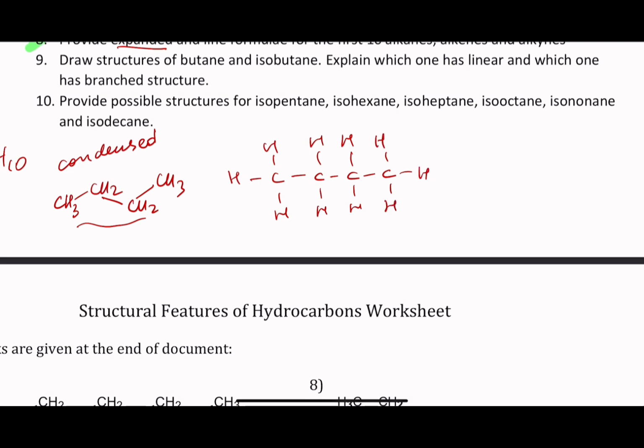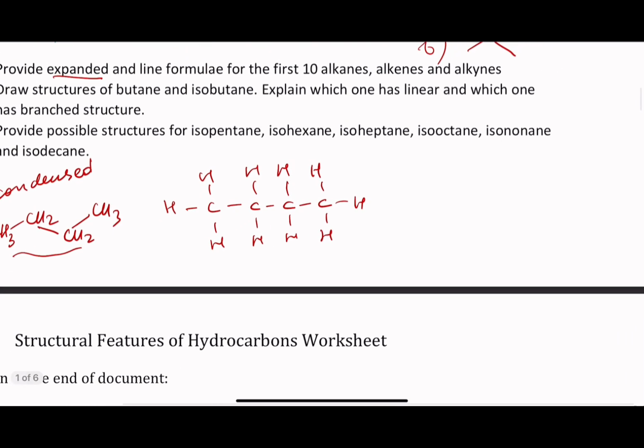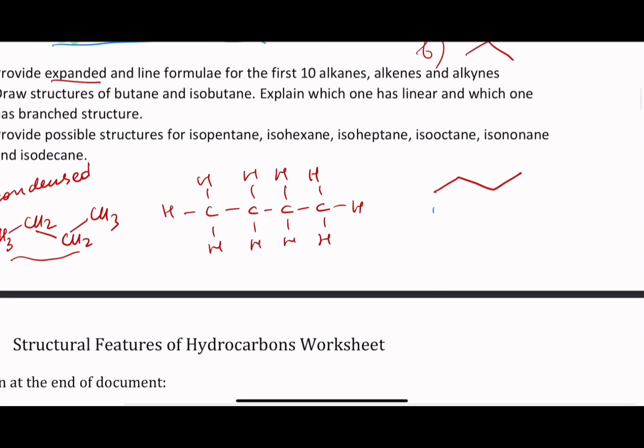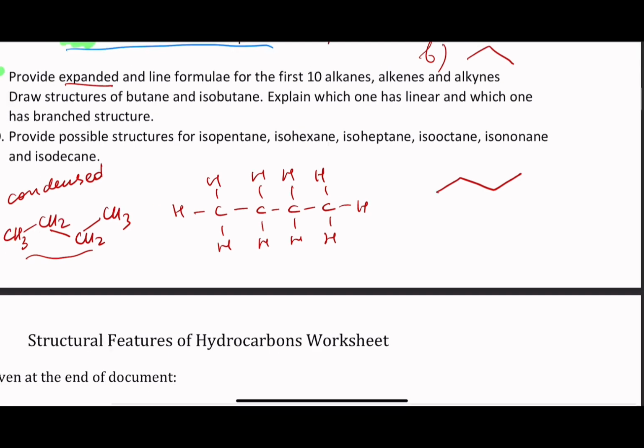You see, each carbon has 4 bonds. And then I'm going to draw you the line diagram. It will be like this. If you count, it is 1, 2, 3, 4 carbons. Okay, so this is the line diagram for butane, just like that.